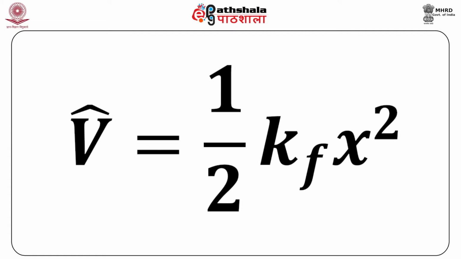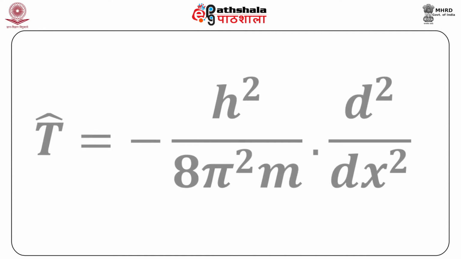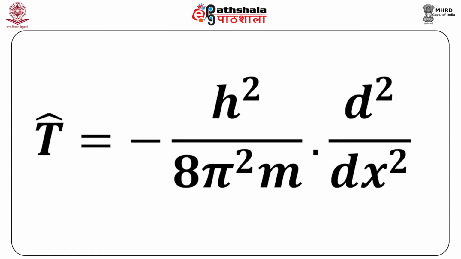V cap, as we have already seen in terms of potential energy, would be equal to half kf x squared, and the corresponding kinetic energy operator T cap would be equal to minus h squared upon 8 pi squared m d2 by dx2.